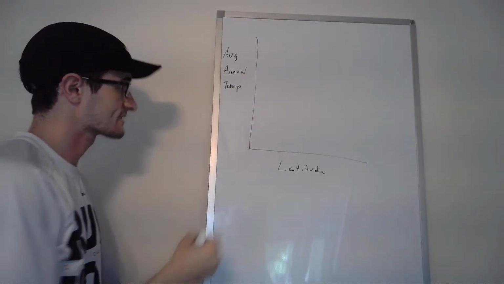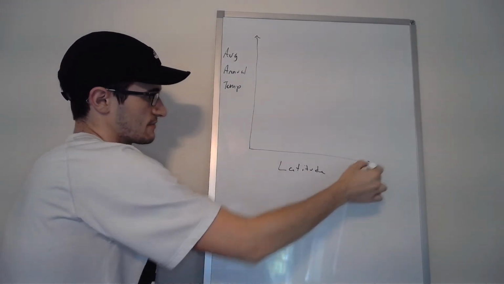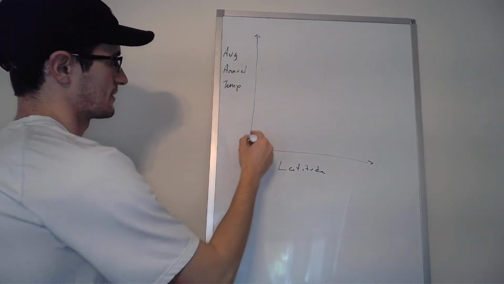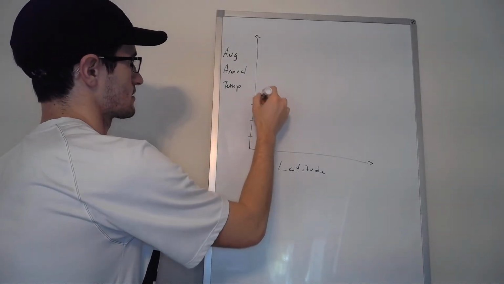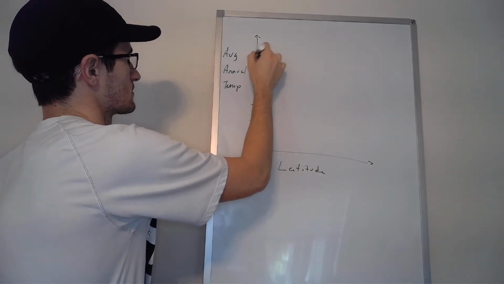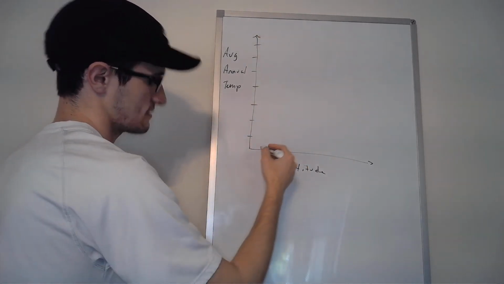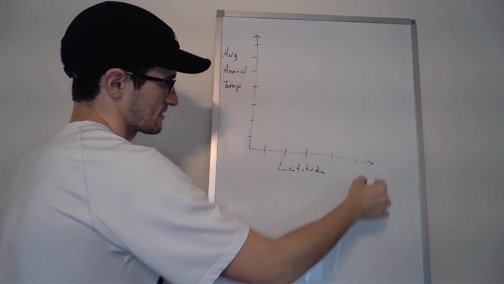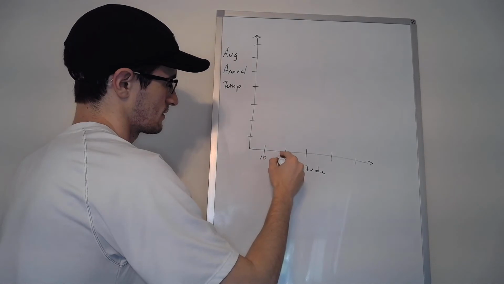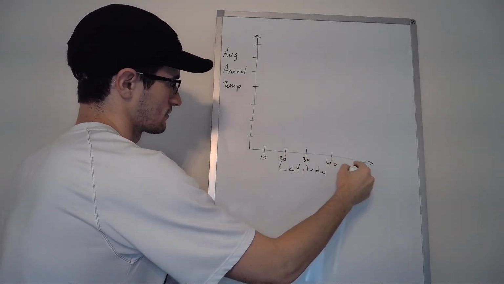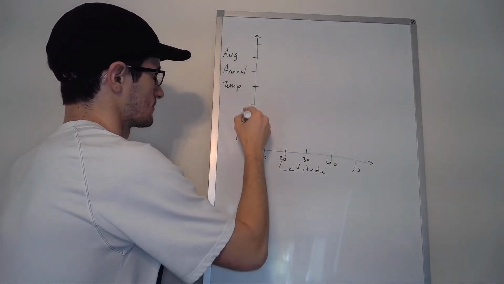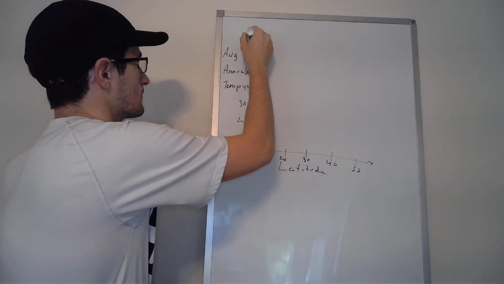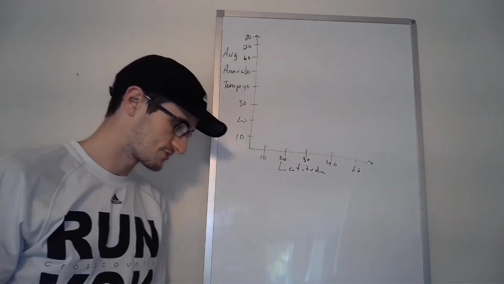So our y-axis is average annual temperature, and our x-axis is latitude. It goes up, I think, at 10, 20, 30, 40, 50, 60, something like that, 80, and this one goes up to 50, 55, I think. So 10, 20, all right, not a perfect graph, but close enough.